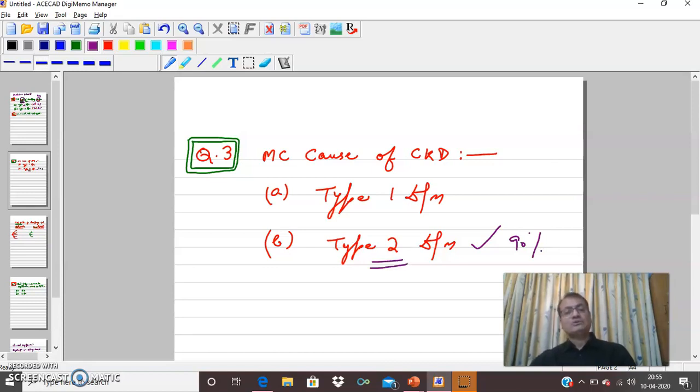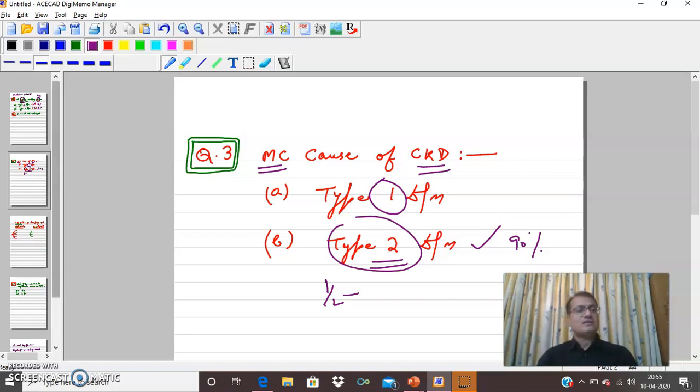So though the risk of developing diabetic nephropathy in type 2 diabetes is half, as compared to type 1 diabetes, but since majority of patients are ultimately suffering from type 2 diabetes, therefore the most common cause of CKD in the world is type 2 diabetes mellitus.